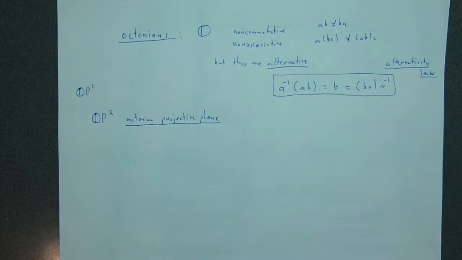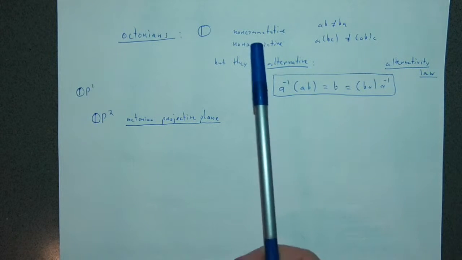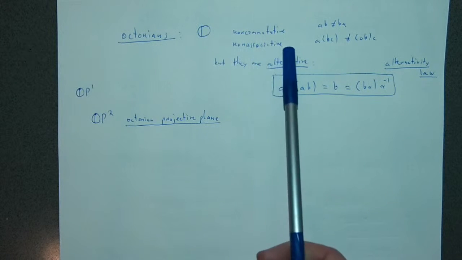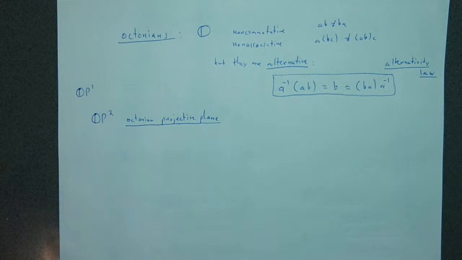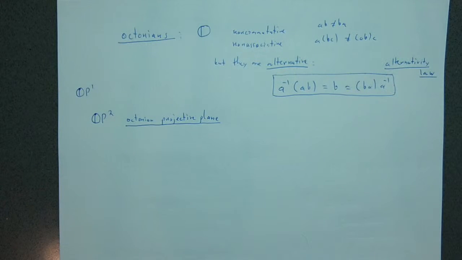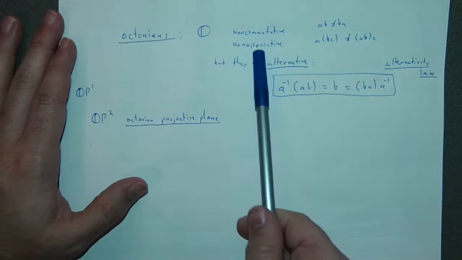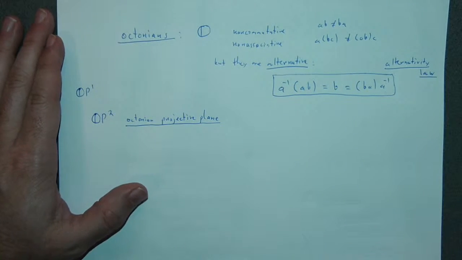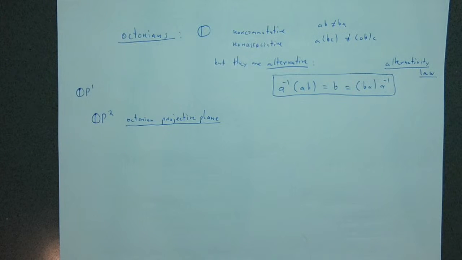And what does this thing satisfy? Going with the same analogy that we've been talking about this whole time, since the Octonians are non-commutative and non-associative, the Octonian projective plane, assuming that I construct it in the exact same way, what kind of plane is that going to be? Since the Octonians are non-commutative, I'm not going to have a commutative property, so there's no Pappus theorem.